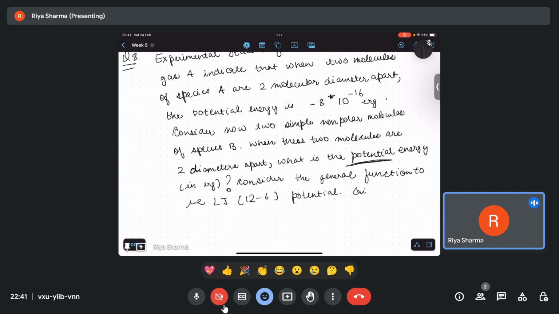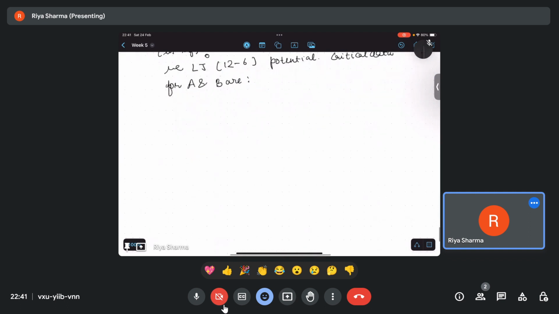The critical data for A and B are as follows: A, B; Tc in Kelvin, Pc in bar, and Vc in cm cube per mole.